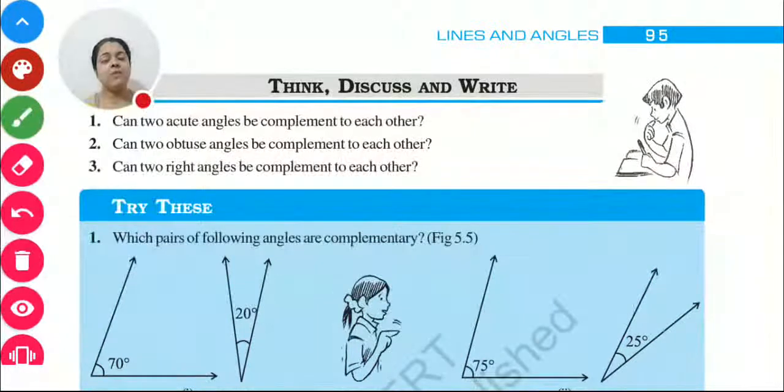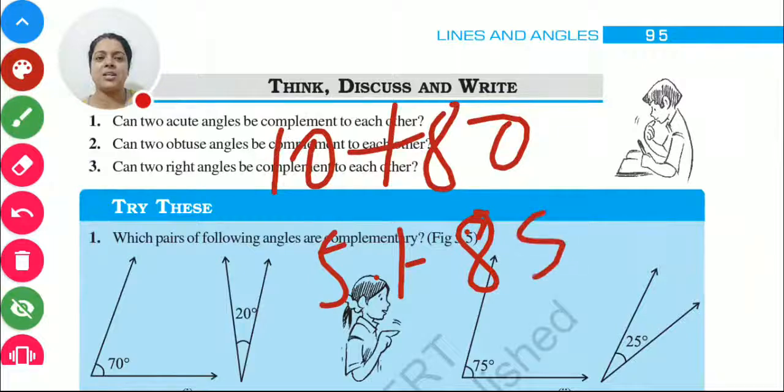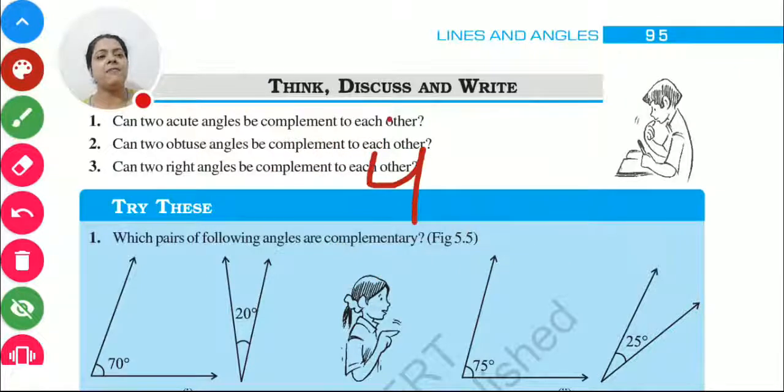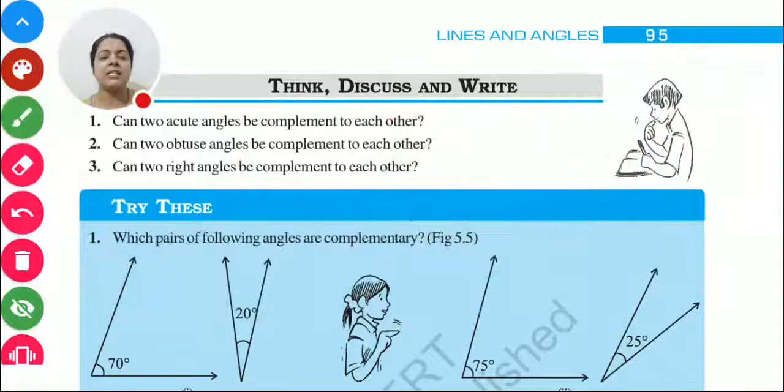Because acute angles are less than 90 degrees, so if we take two angles less than 90 degrees and add them up, they can make 90 degrees. For example, 10 plus 80, 5 plus 85. Both are acute because they are less than 90 degrees. Then we can take 45 plus 45. These are again two acute angles, and they form a right angle.